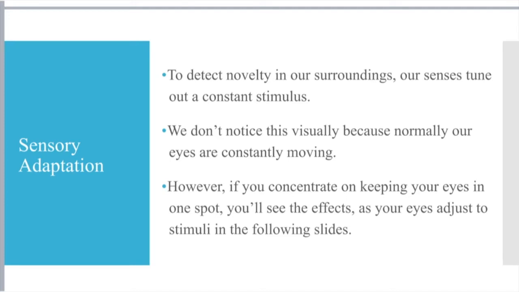That's sensory adaptation. We don't notice this visually all that often because normally our eyes are constantly moving. We don't really adapt to stuff in our visual field unless we're talking about when it's dark out versus when it's light out.